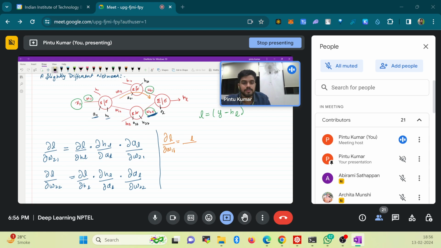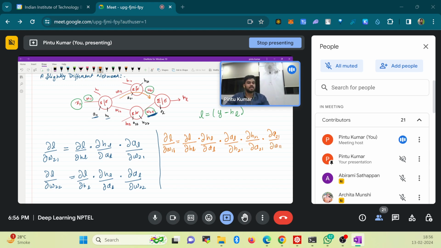So this would be del L by del HL, del HL by del AL, into del AL by del H21, into del H21 by del A21, into, now A21 is directly dependent on W11, so del A21 by del W11.